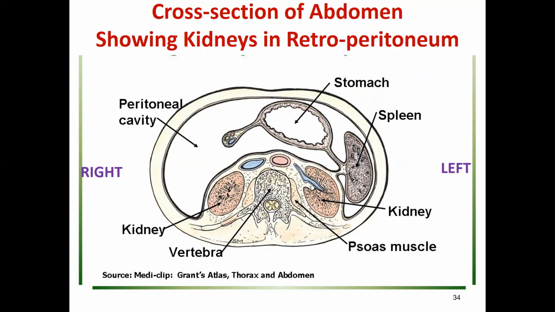So we are standing at the foot of the patient, looking towards the head, and they are facing up. Take a look at the structures which are around the kidney, labeled here in the center: the spinal cord and the vertebrae. And on each side of the vertebrae are the psoas muscles. Anterior to this is the location of the main artery and vein in the pink and blue.